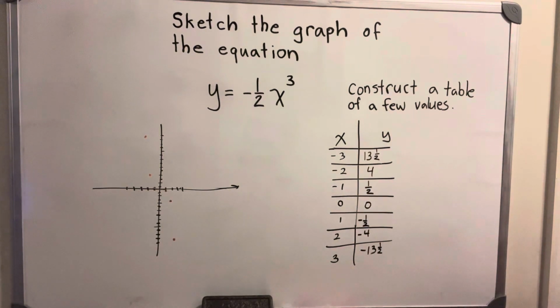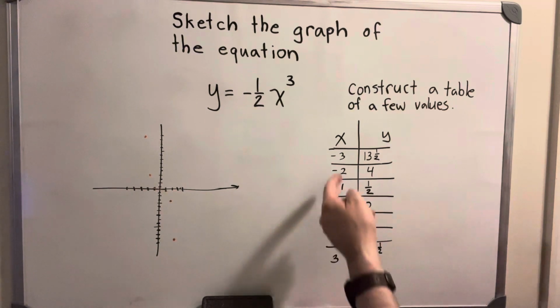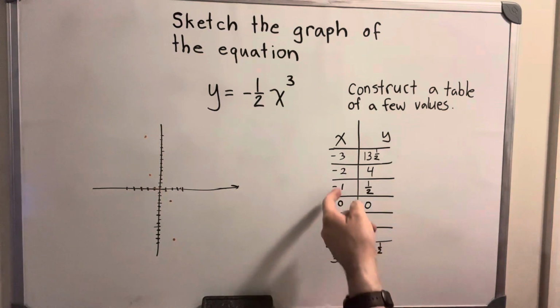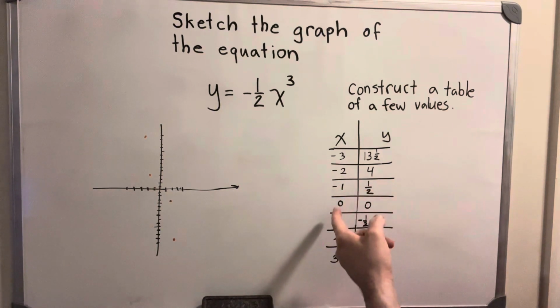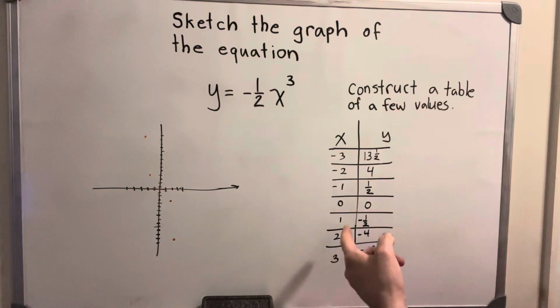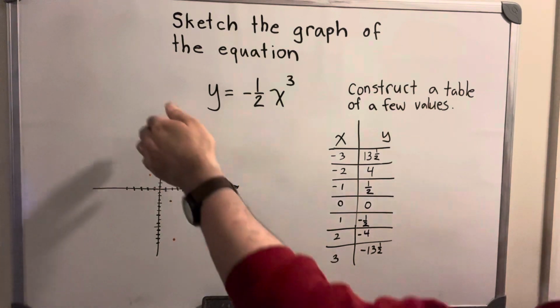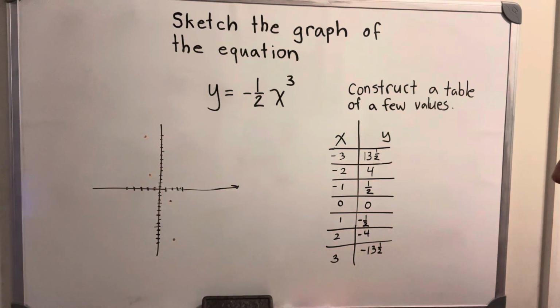So here we are. If you compute the value of y for these values of x, you get -3 corresponds to 13.5, -2 is 4, -1, 1/2, 0, 0. And with the rest, you can see a pattern here, how this is symmetric about the origin. And maybe in a later problem, we'll talk about what exactly I mean by symmetric about the origin.